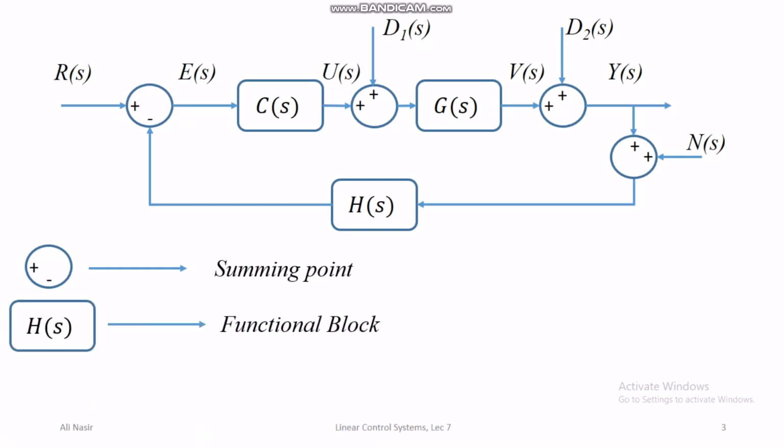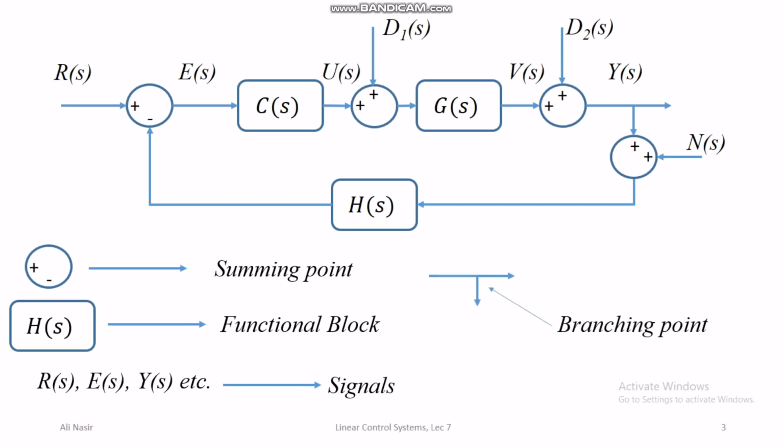A block with a transfer function inside is called a functional block. Then there are signals in the block diagram, such as R of S, E of S, Y of S, that you can see in the current block diagram. Finally, there is a branching point.